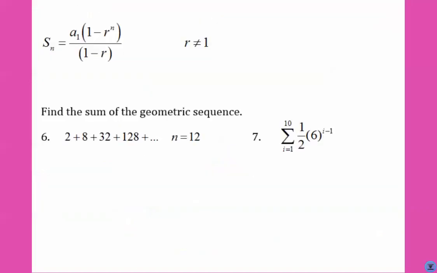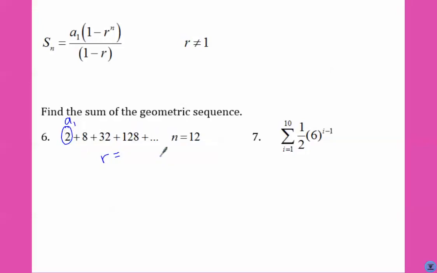On to sums. As long as the ratio doesn't equal 1, which it won't, our sum is going to be the first term times 1 minus our ratio to the number of terms we have, divided by 1 minus the ratio. So here's our a sub 1. We need to know what our r is.